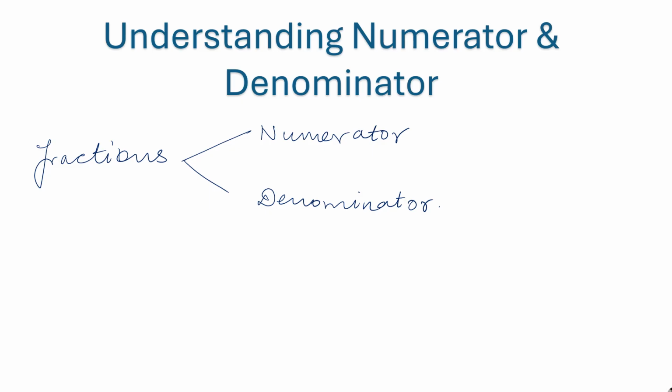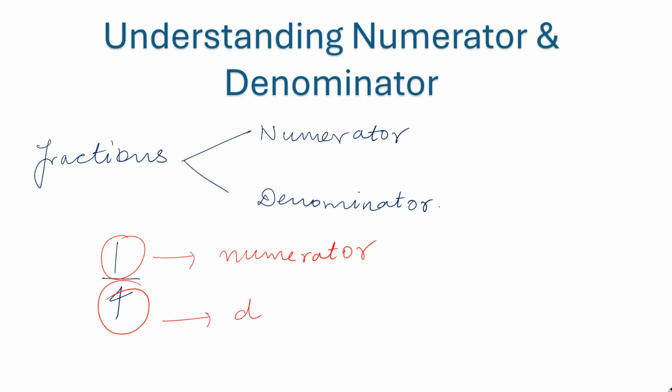Yes. Now let's look at this fraction, 1 by 4. The number that you see at the top will be called the numerator. And the number at the bottom will be called the denominator. Now what does the numerator tell us? The numerator tells us how many parts we take.